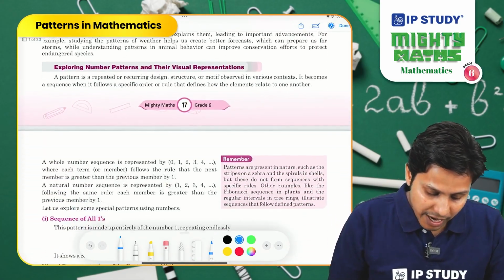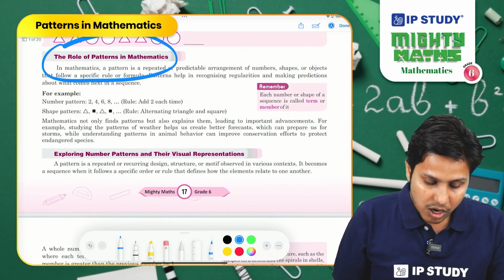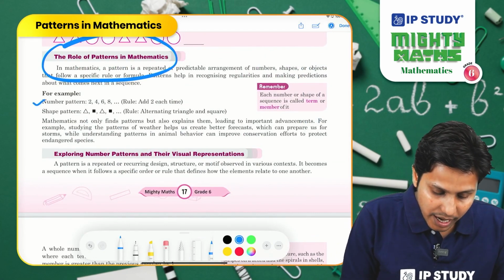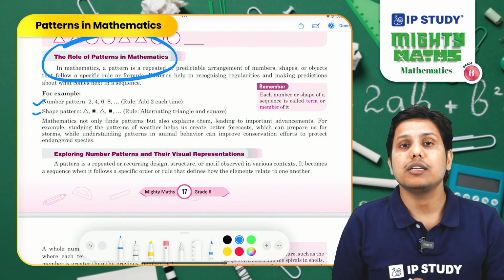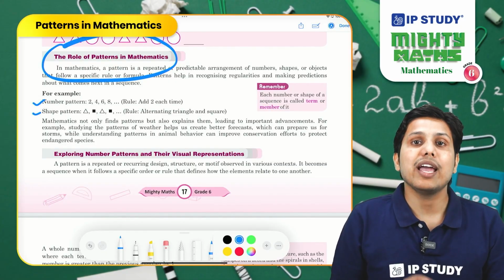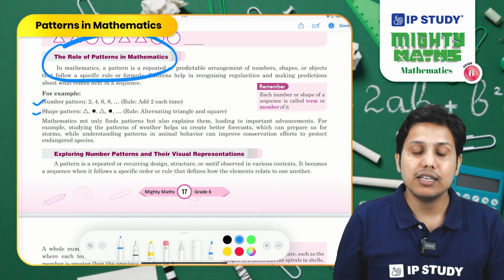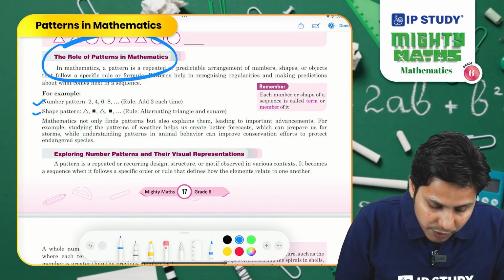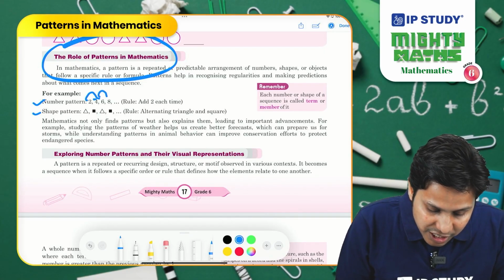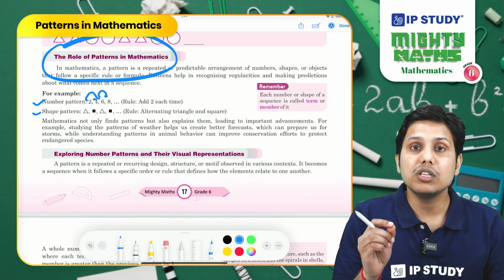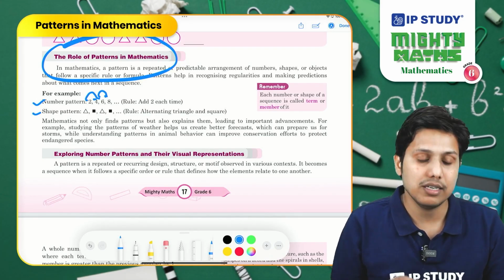Students, here we have two examples. One is number pattern and other is shape pattern. Let us see why these two can be considered as a pattern. Do they fit in the definition of pattern? So here we can see we have a predictable arrangement of numbers. We can find out the next number in this pattern, that is 10.